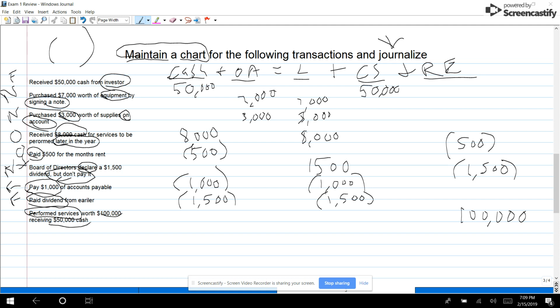But we only got 50,000 cash, so we need another 50,000 in assets to balance the accounting equation. It's going to be an account receivable, because they still owe us some of the money for the service that we performed for them.